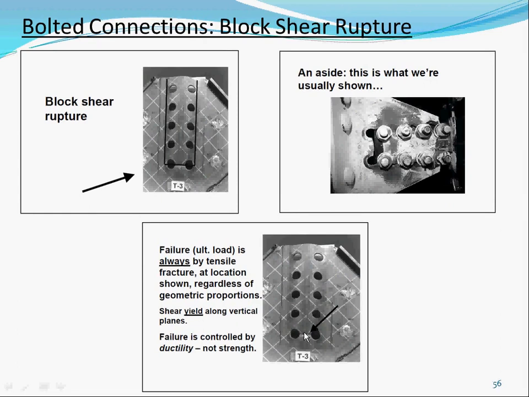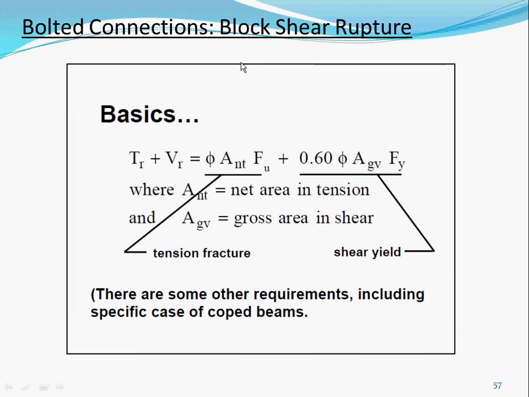So you would have to consider both the tension plane and the shear plane. That's where the AISC comes in, where they consider tension fracture in the tension plane and shear yielding in the shear plane, and that's where the block shear equation is. So the gross area in shear, and then the net area in tension.